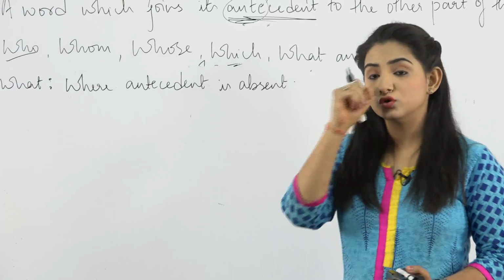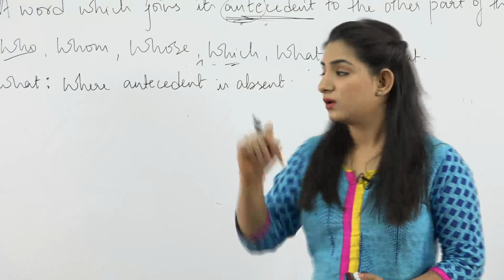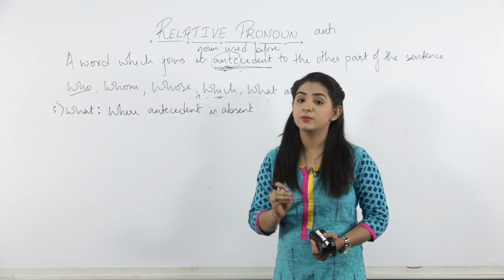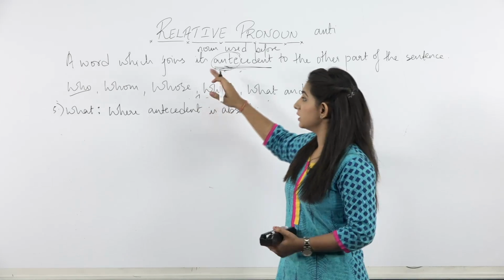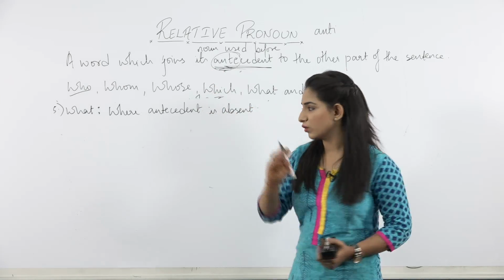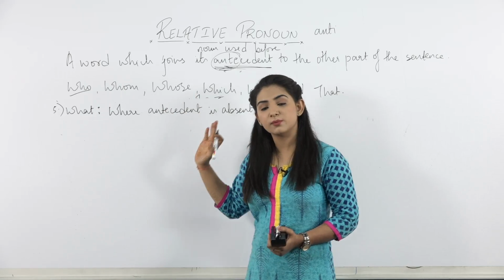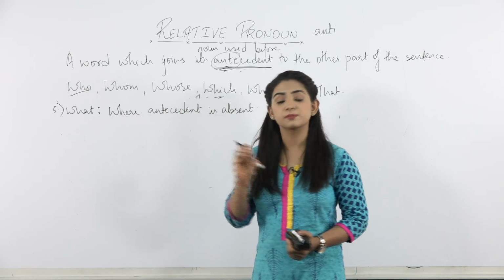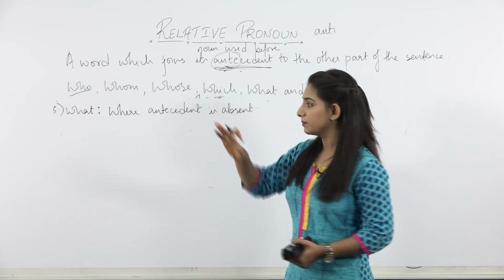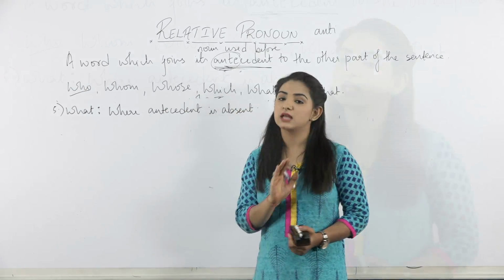What is used wherever we don't have an antecedent. जहाँ पे भी हमारे पास antecedent मतलब कि noun का use नहीं होगा, there we are going to use what. अभी तक जितने भी relative pronoun थे, सबके पास एक antecedent ज़रूर था. But what doesn't have an antecedent.